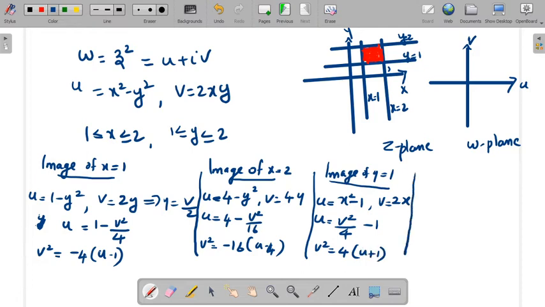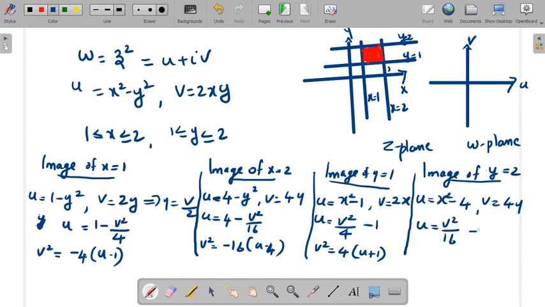Now the last boundary, image of y equal to 2. So when y is 2, we get u equal to x square minus 4 and v equal to 4x. So u equal to v square by 16 minus 4, or v square equal to 16 into u plus 4.